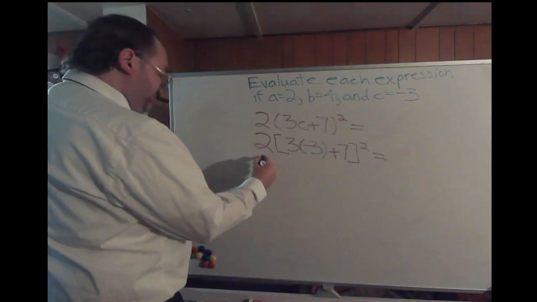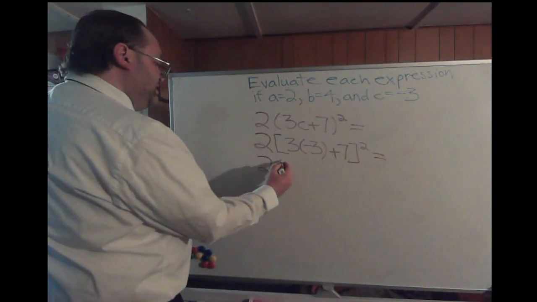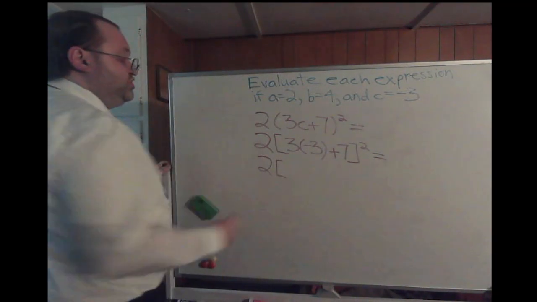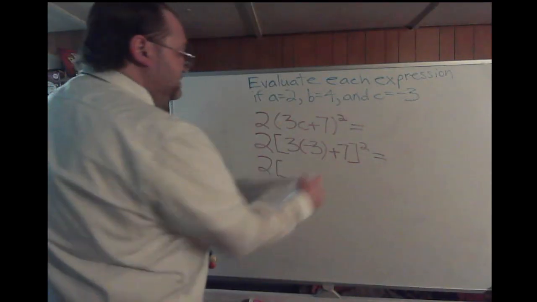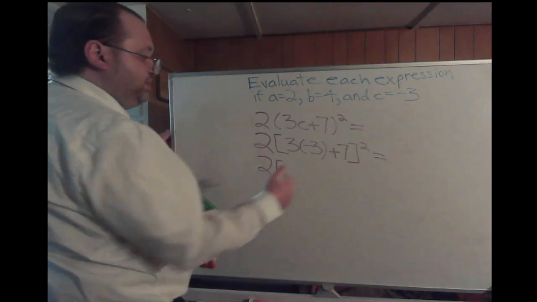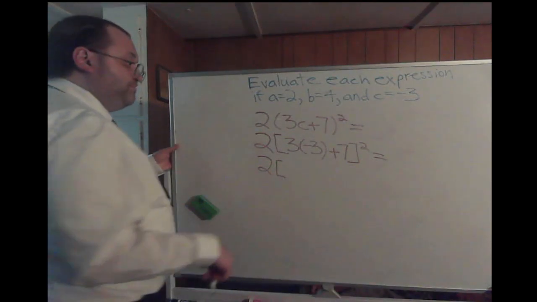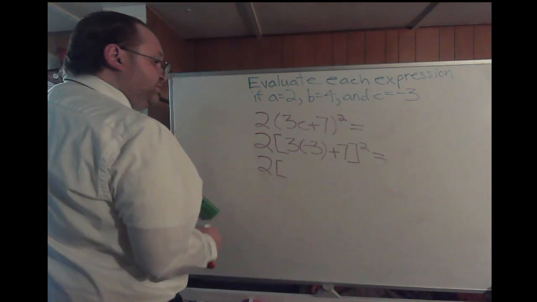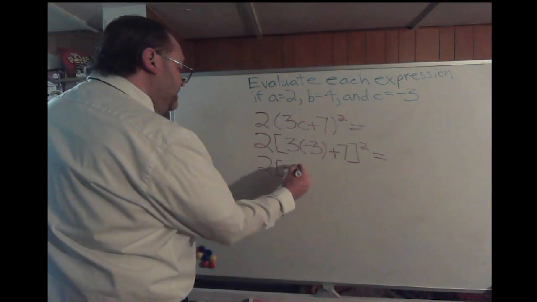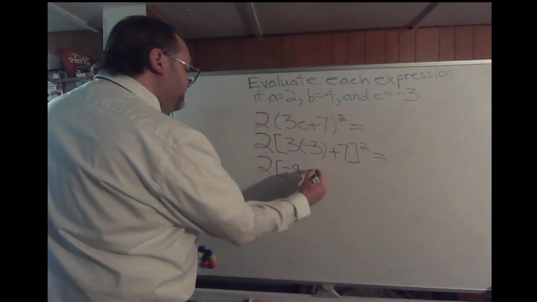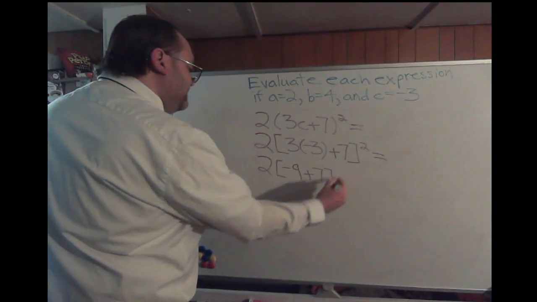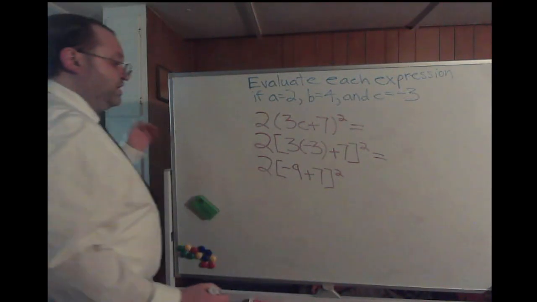So you'll have 2 on the outside. Inside the parentheses, you have a multiplication plus a multiplication addition problem. Multiplication comes first. You got 3 times negative 3. That's going to be negative 9 plus 7. You show that plus 7, that's to the second power.